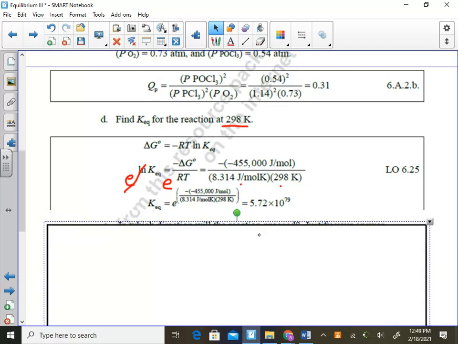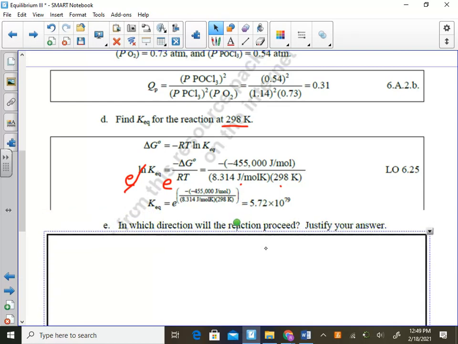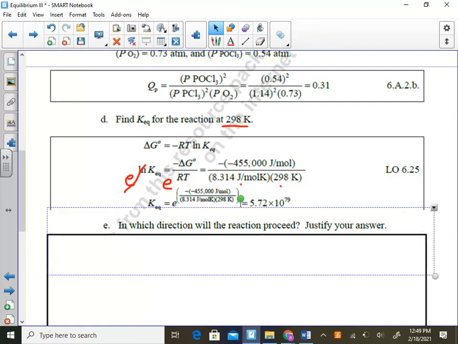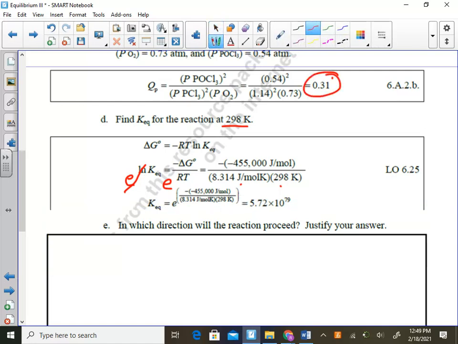The next question: in which direction will the reaction proceed? Justify your answer. This kind of question is asking us, is it at equilibrium? And how do we know? We know Q. We are not quite at equilibrium. K is what the ratio of products to reactants will be at equilibrium, and Q is a much smaller number.